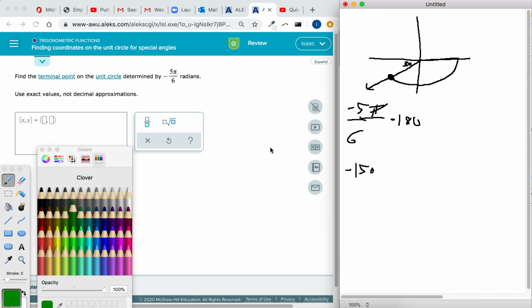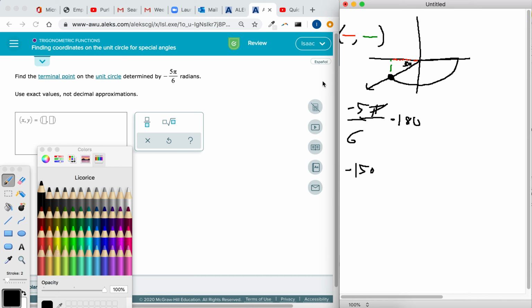Now that we know how many degrees we have left, we need to find this y coordinate, and this x coordinate going across. Okay, got to find those two things.